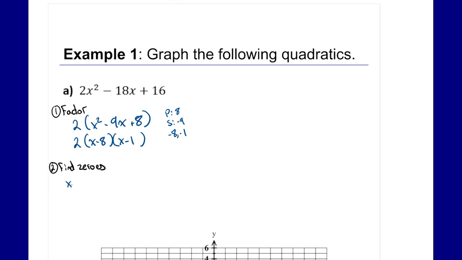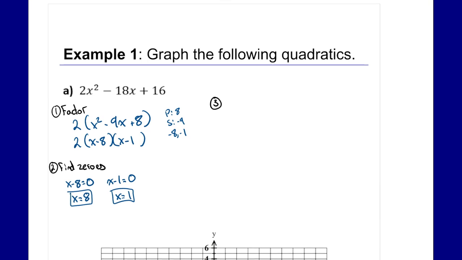So we're going to set each bracket equal to 0. Similar to what we've done before, x minus 8 equals 0, x minus 1 equals 0. I'm going to solve for x, move the 8 over, it becomes positive 8. Move the 1 over, it becomes positive 1. These are my two x-intercepts.